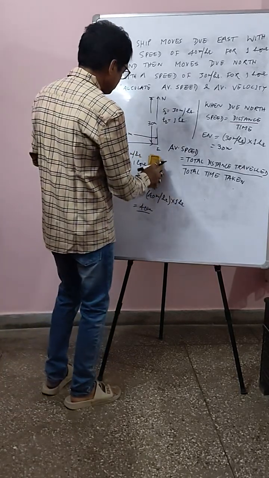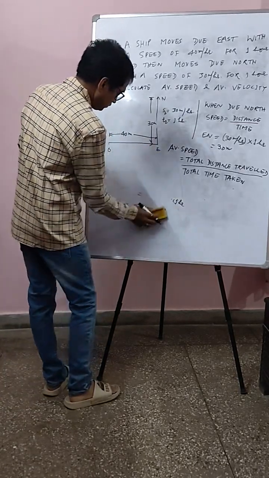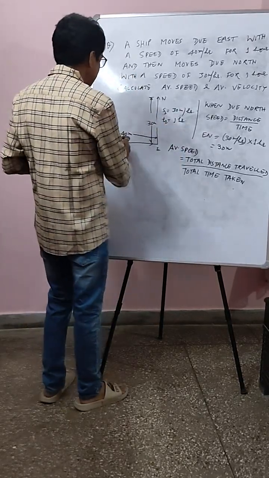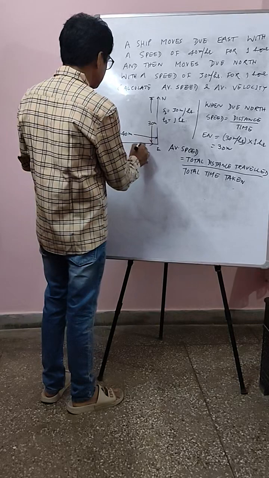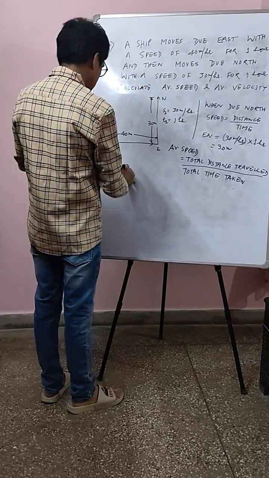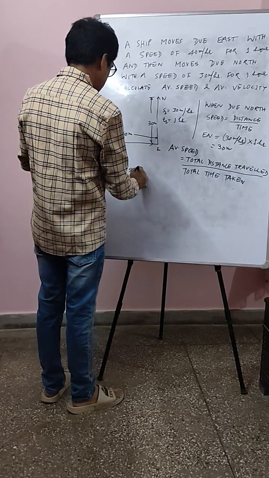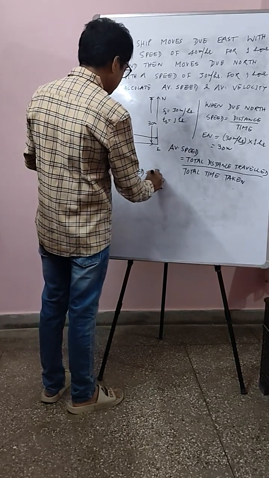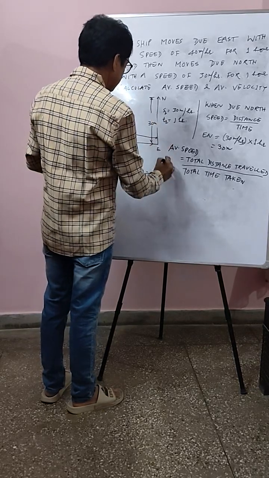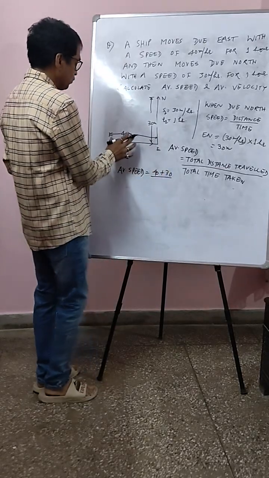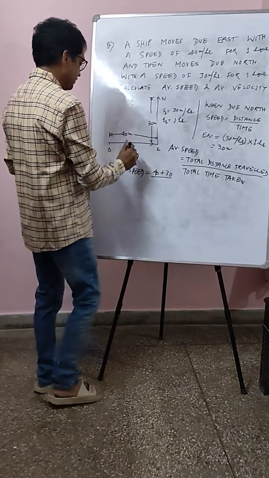Okay, so average speed is equal to total distance: this distance 40 plus this distance 30. So average speed is this distance 40 plus the upward distance 30, divided by how much time here? 1 hour this, 1 hour that.